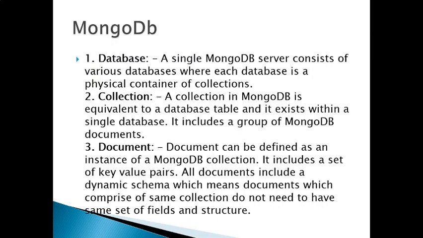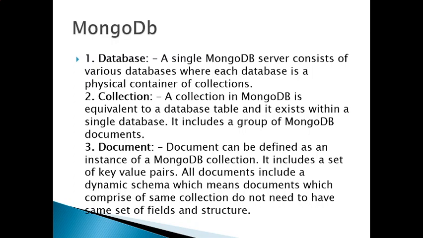So a document in a collection can be different from the previous one. For example, we have a collection of students and there is a document with the properties name, registration number, CNIC. And the next document in that collection can be name, phone number, email ID. So the properties are changed.